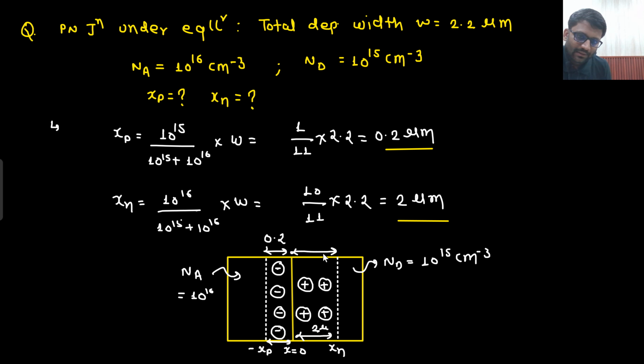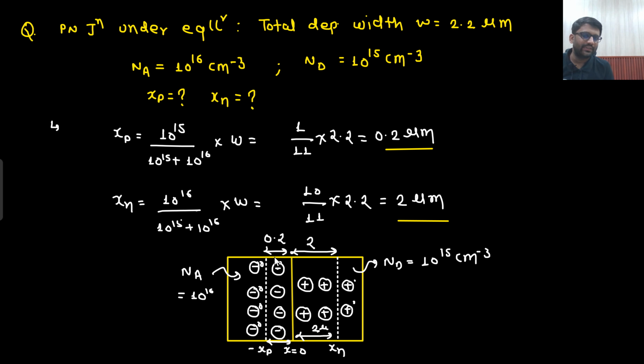So more doping, lesser depletion width. If Na was more, I had lesser depletion width. Nd was lesser, so I had more depletion width. And it is pretty obvious as well. Intuitively also you can see that because the positive charge has to be equal to the negative charge. I don't care about the neutral region, but here this kind of doping would be there.